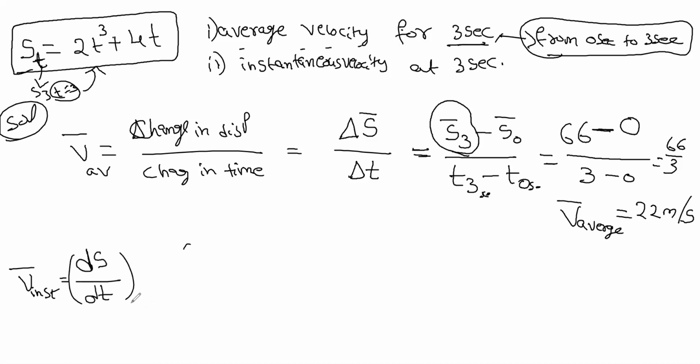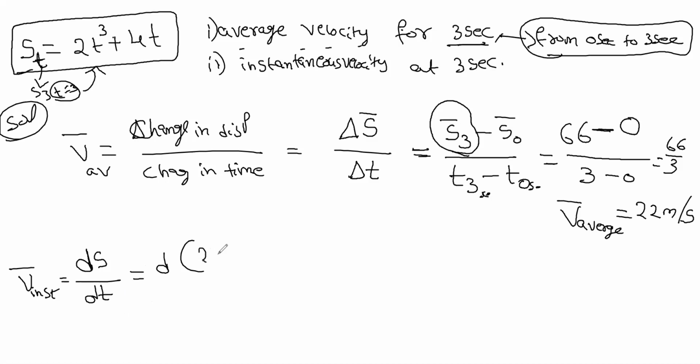With ds by dt, you will get the instantaneous velocity, as we did previously. So first do the ds by dt, then substitute the given time. That's it. Differentiate s with respect to time.